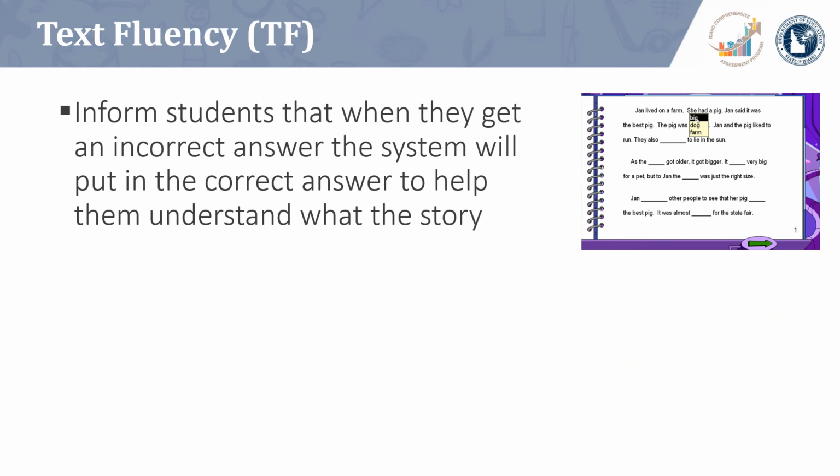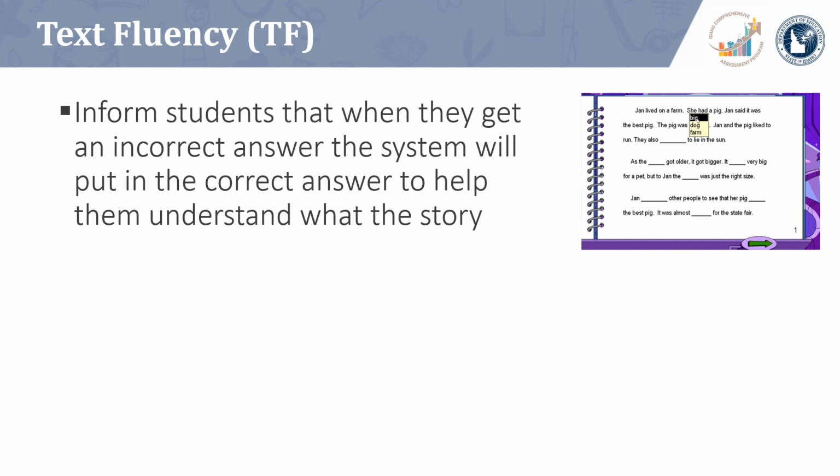The final subtest in IRI is text fluency. Remember that the text fluency subtest is scored but does not contribute to a student's overall score or tier on the IRI. For this subtest, students must be able to select their answer from the drop-down choices, similar to the reading comprehension subtest.